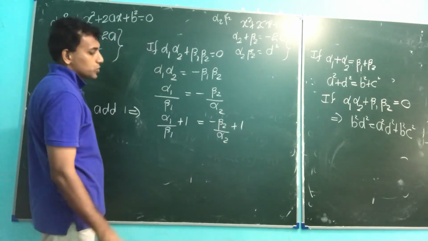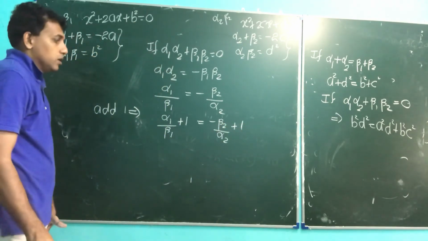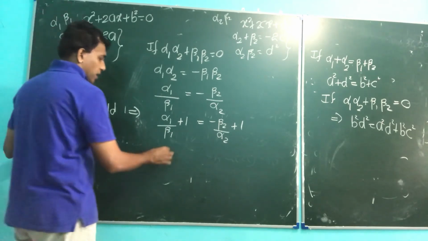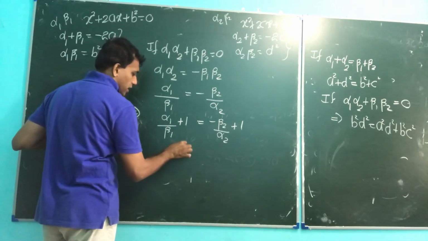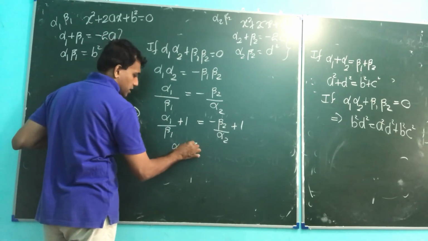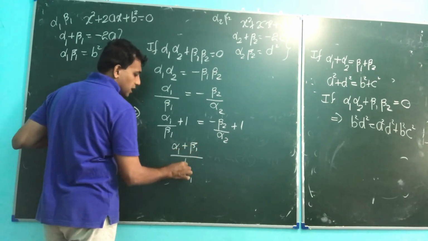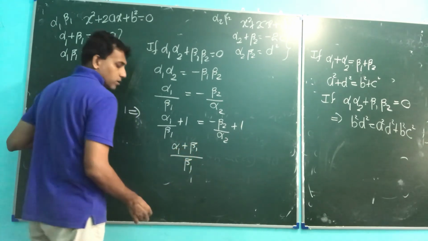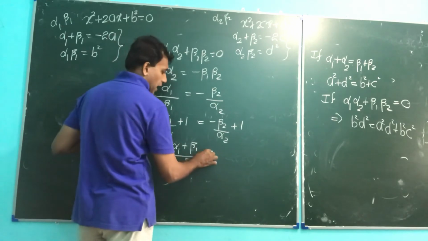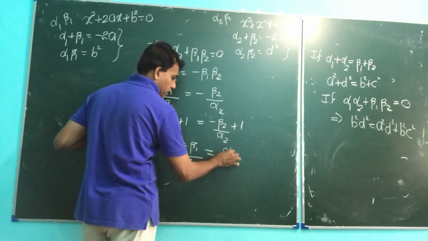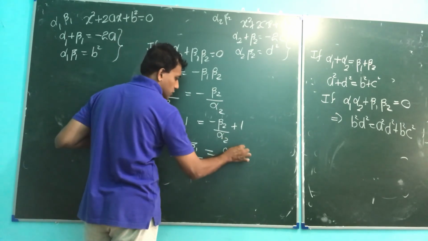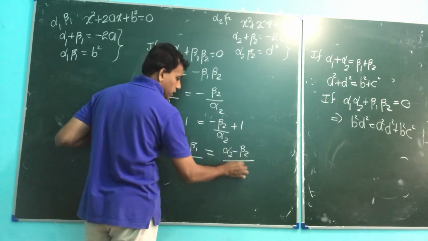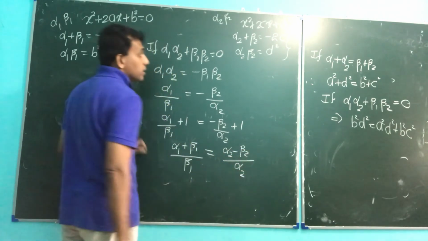Okay, both sides add 1. Now simplify this. Alpha 1 plus beta 1 over beta 1. Okay, other side, what is that? Can I say alpha first? Alpha 2 minus beta 2 over alpha 2, right?